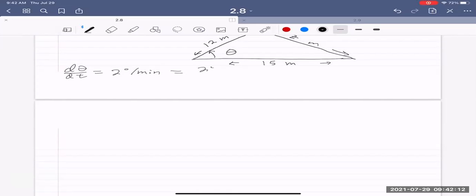So this is 2 degrees over 1 minute, I guess.